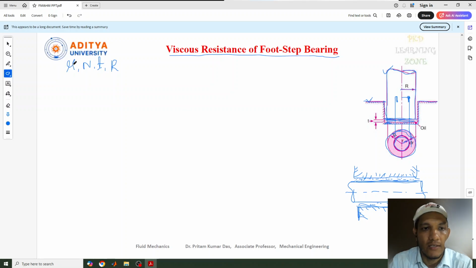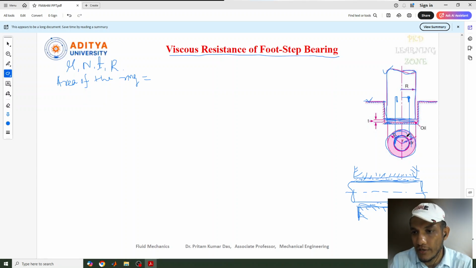First of all, we need to calculate the area of the elemental ring. This ring is nothing but this one.